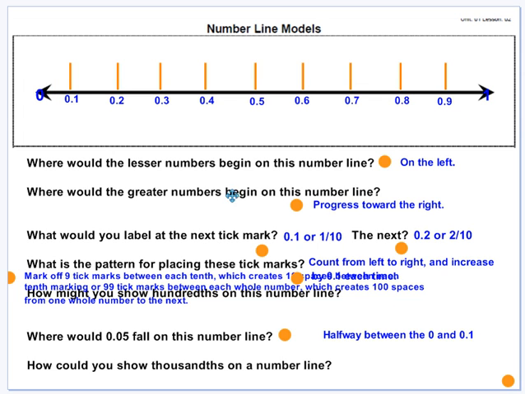How can you show this? How can you show thousandths on the number line? You're going to divide the segments between each hundredth into 10 equal parts. So we're getting down to where we don't have very much space in between our lines on our number lines. And it's going to start getting confusing.